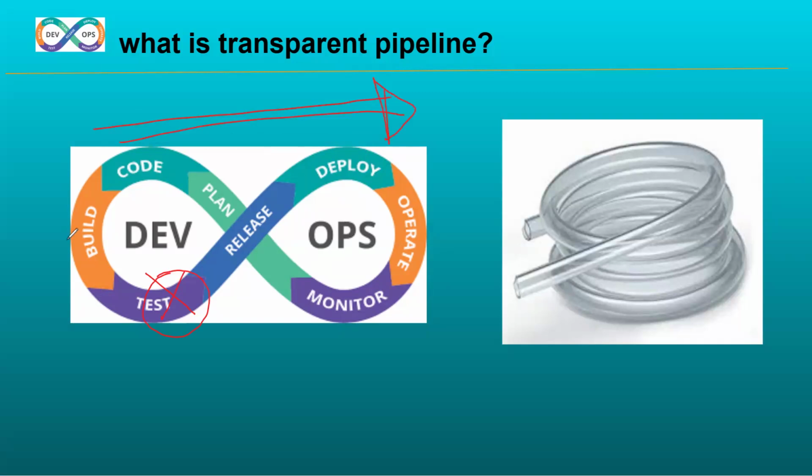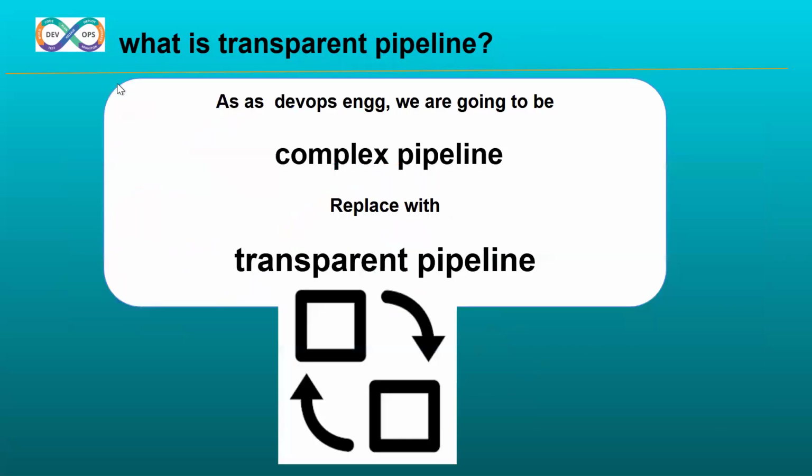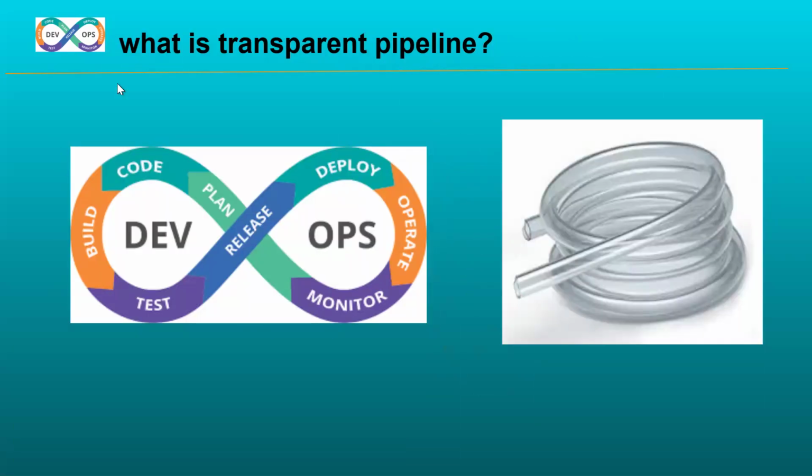So that means the cost is reduced, the quality will be increased, and the customer is also going to be satisfied. So that is the reason we are going to replace the complex pipeline with what? A transparent pipeline.